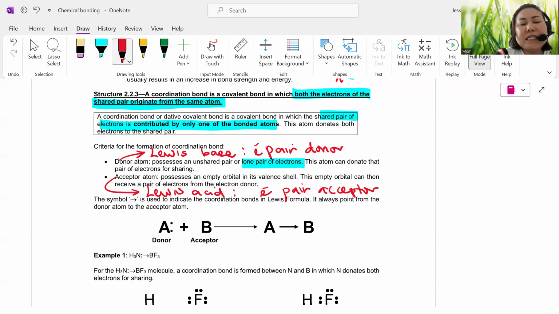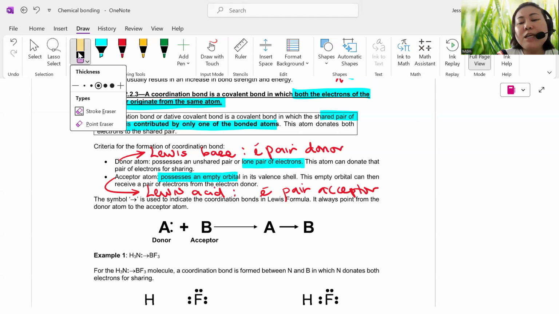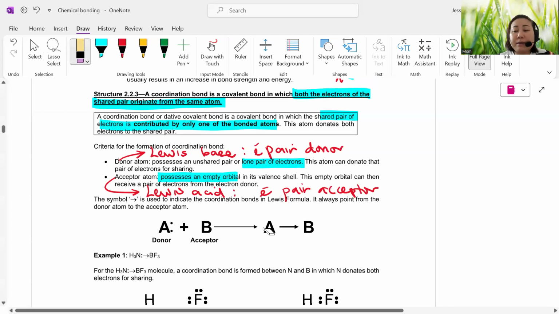So what makes something suitable as a Lewis acid or as an acceptor atom? It must have an empty orbital in its valence shell. So the donor atom must have a lone pair of electrons, while the acceptor atom must have an empty orbital. So in this way, a coordination bond can be formed between the two atoms.